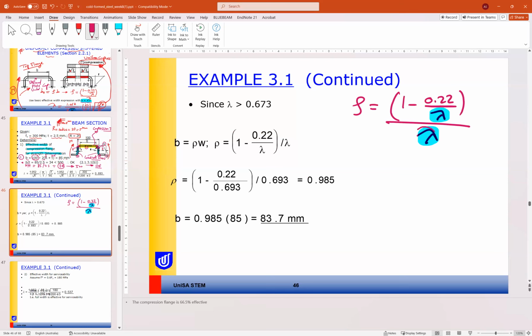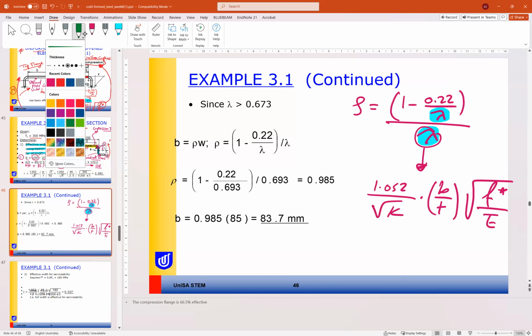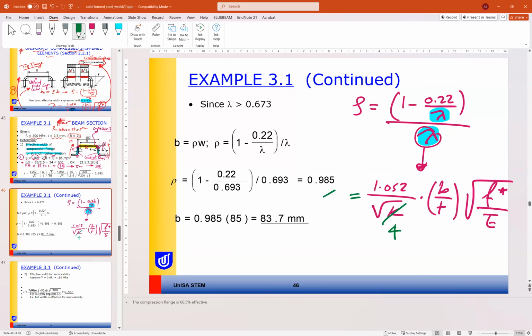Lambda is equal to 1.052 divided by root k multiplied by b over t multiplied by root f over E. So what is k in this case? k is 4. Why is k 4?